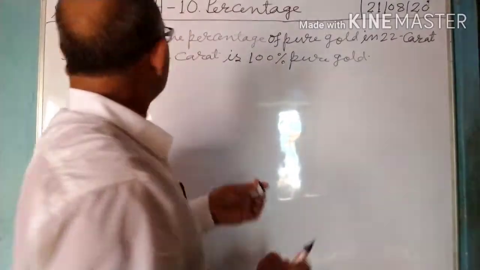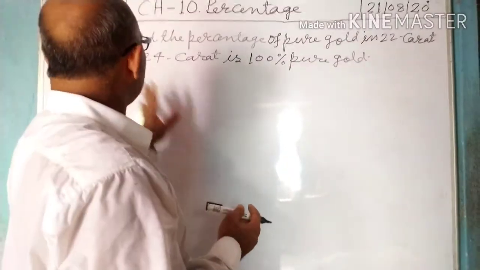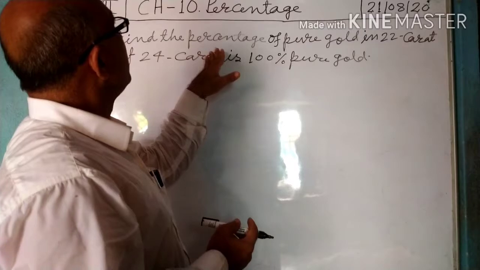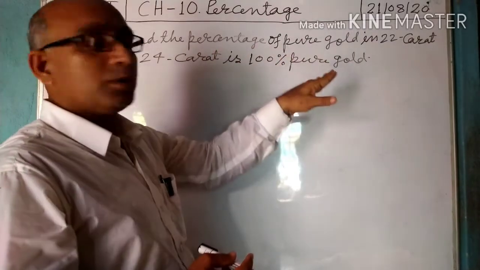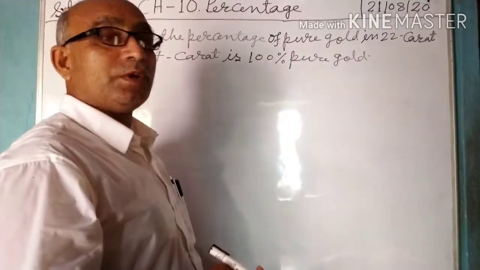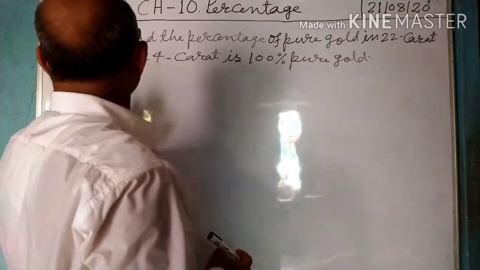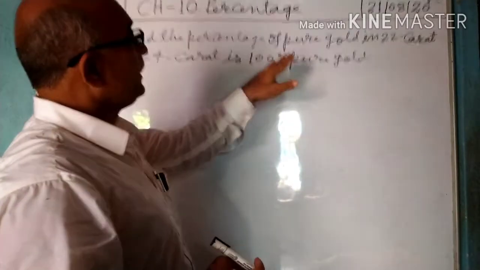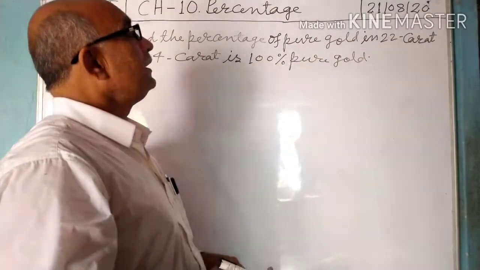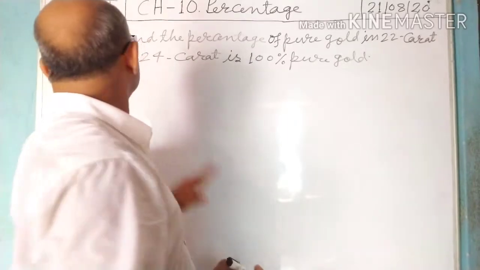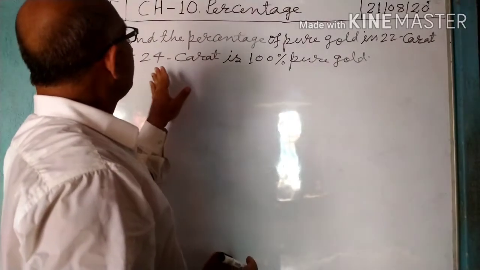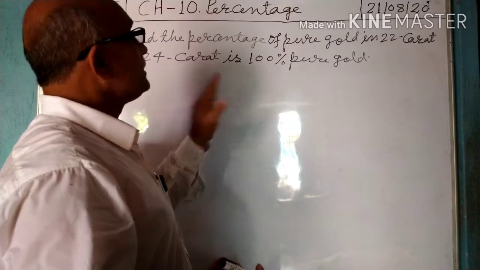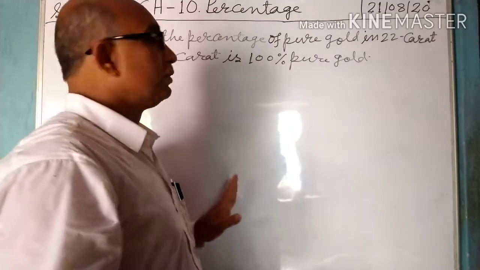Next question is example 13. Find the percentage of pure gold in 22 karat gold, if 24 karat is 100% pure gold.